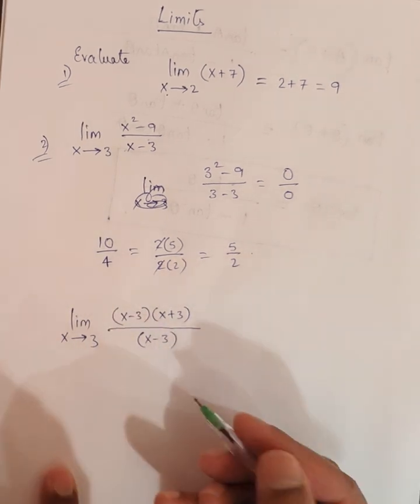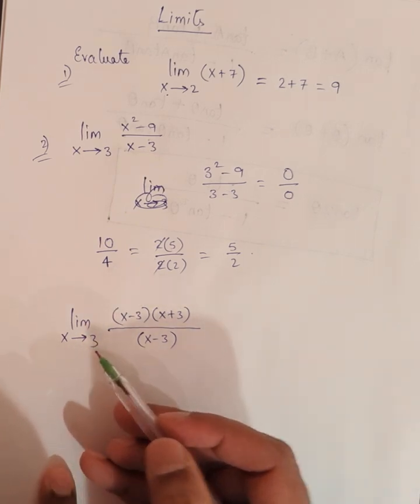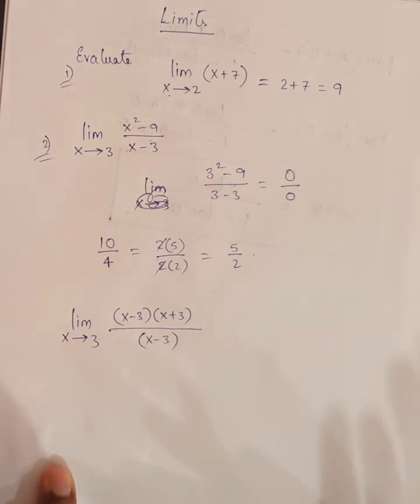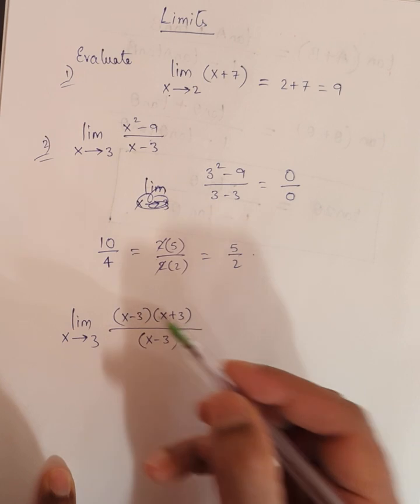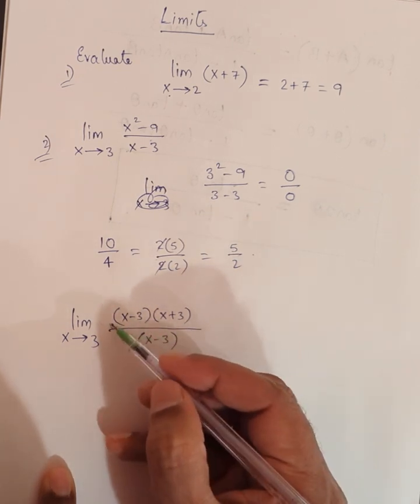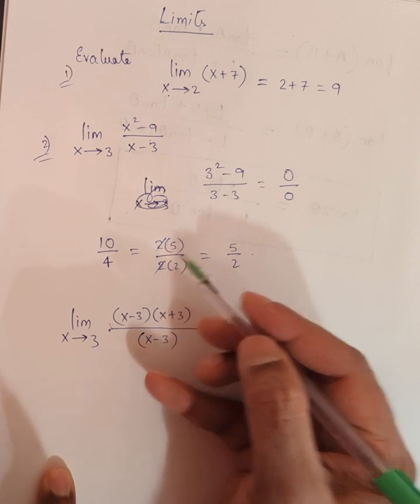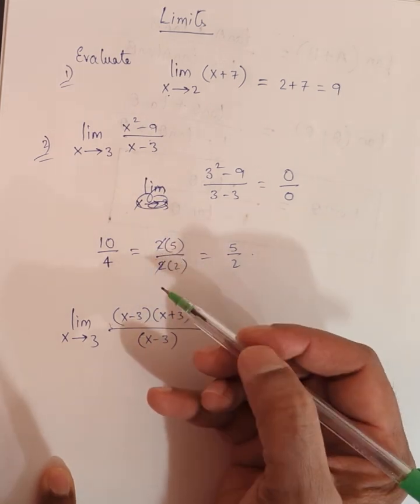So notice that x is never equal to 3. It's getting closer and closer to 3, but it is not equal to 3. So it's okay to divide both numerator and denominator by x minus 3, like we could divide both numerator and denominator here by 2, because 2 is not 0.